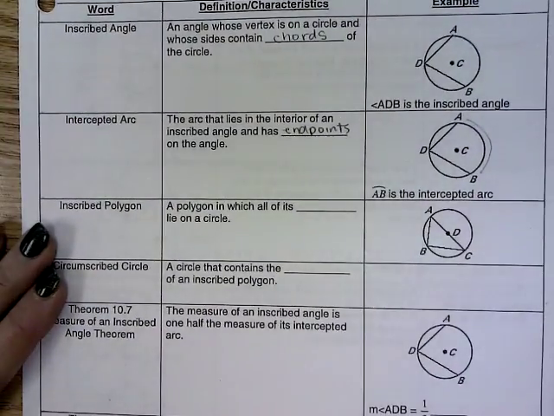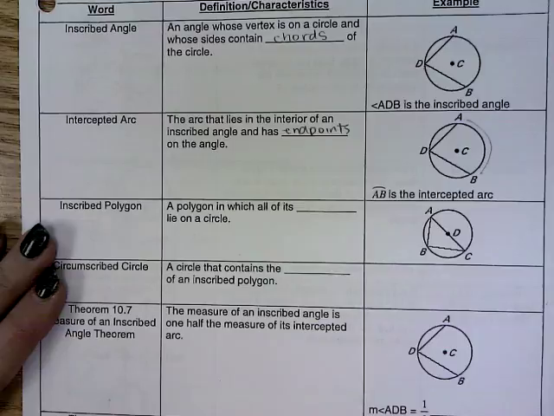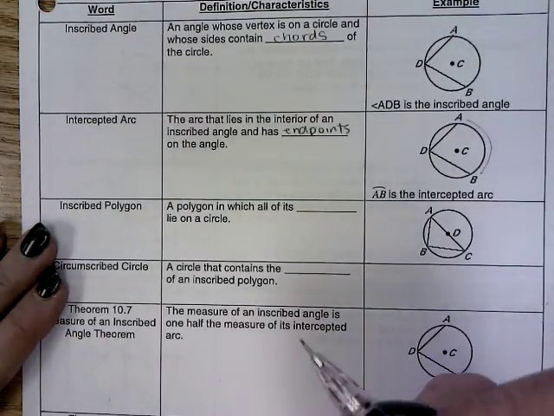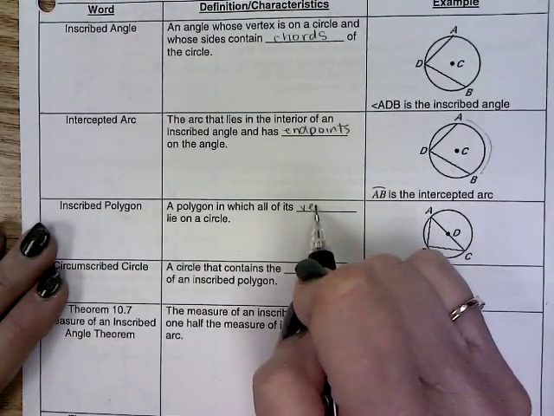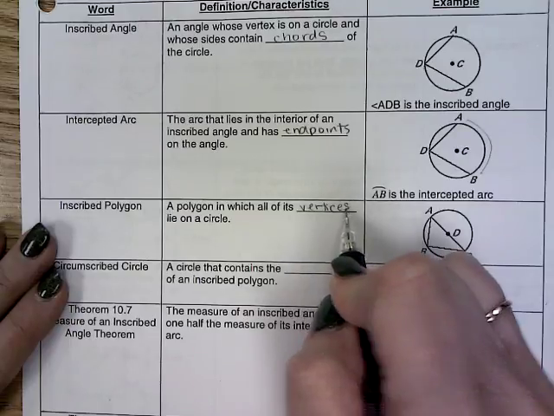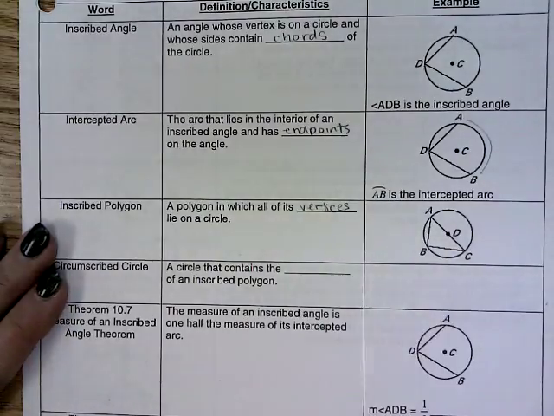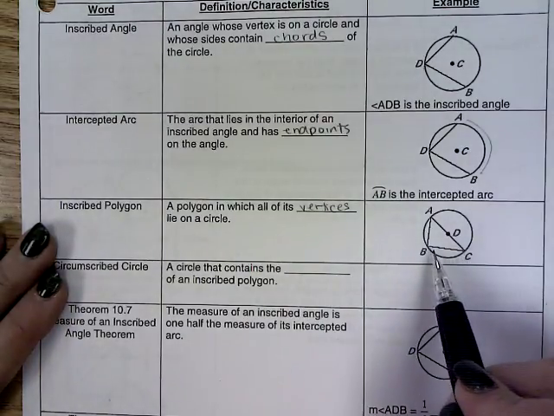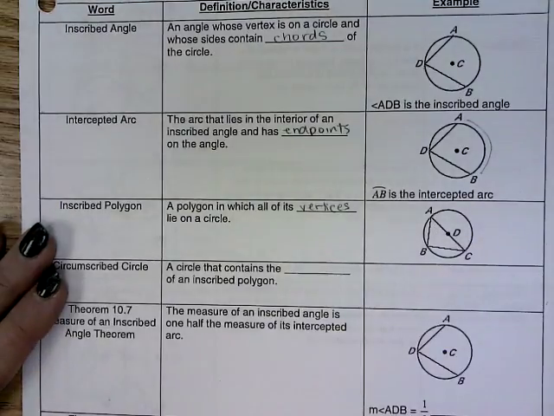An inscribed polygon is just a polygon in which all of its endpoints, or vertices, lie on the circle. So it's just a polygon inside of a circle, but its endpoints are on our circle.